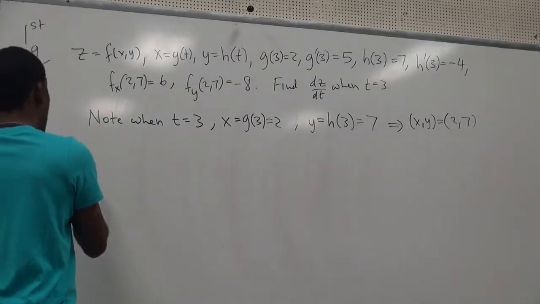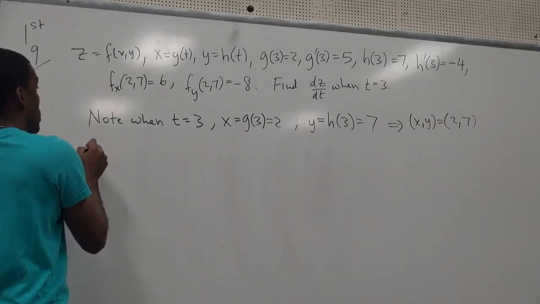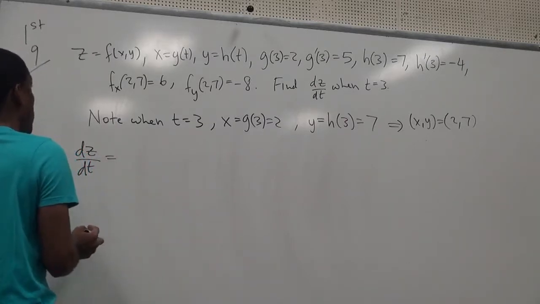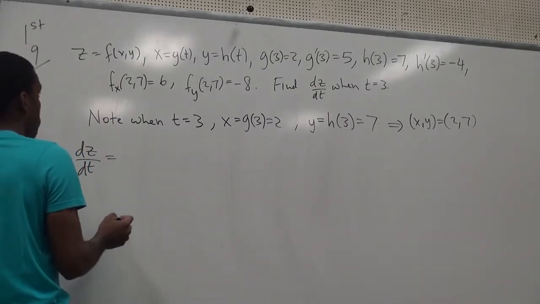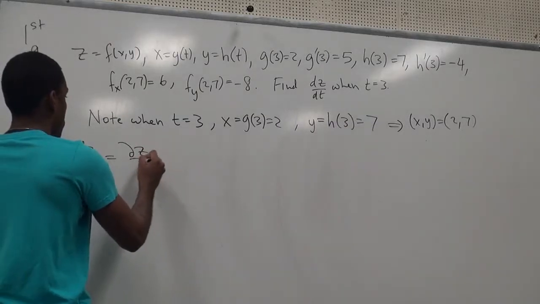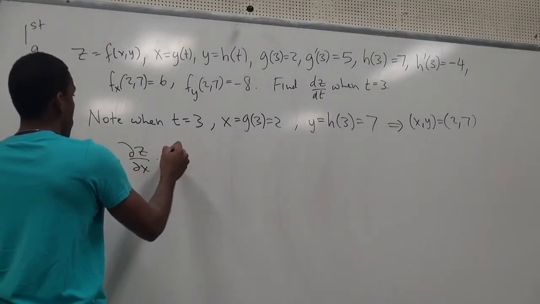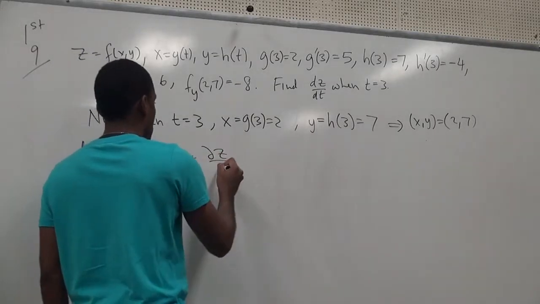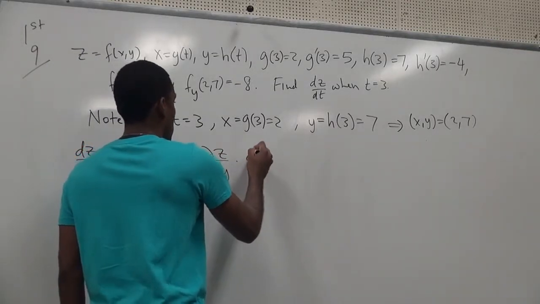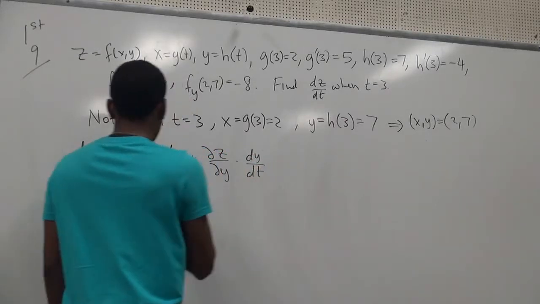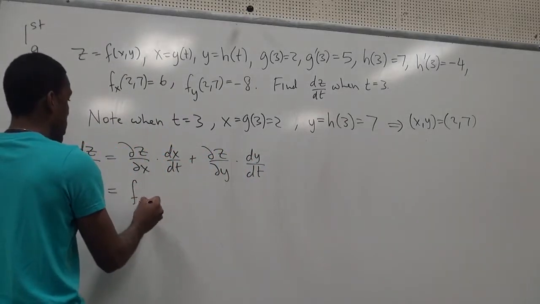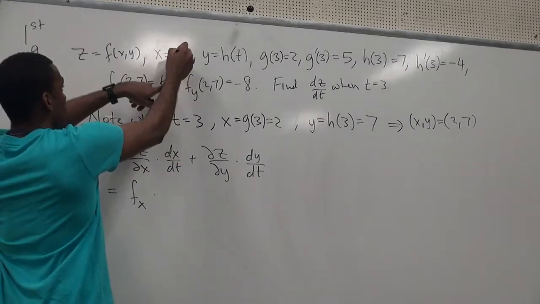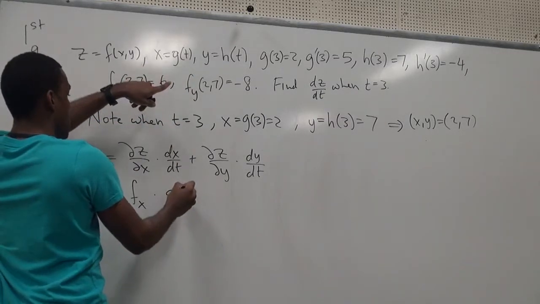And so now we can say that dz/dt, what's the formula for that? Partial z with respect to x times dx/dt plus partial z with respect to y times dy/dt. But this is just another way of saying f_x, and because your x is g, dx/dt is just g prime.